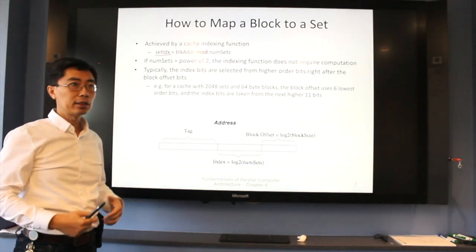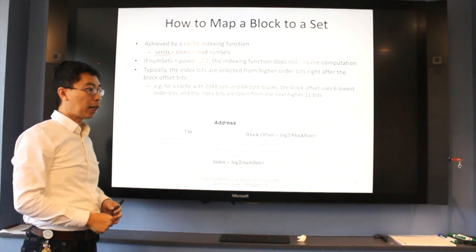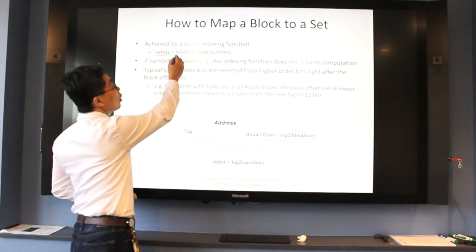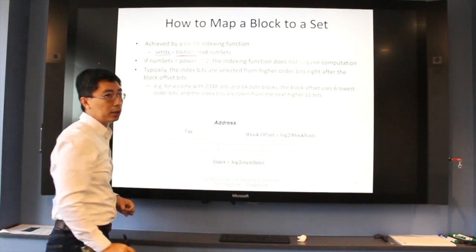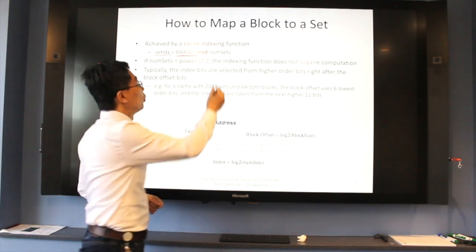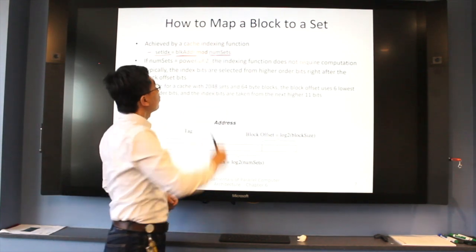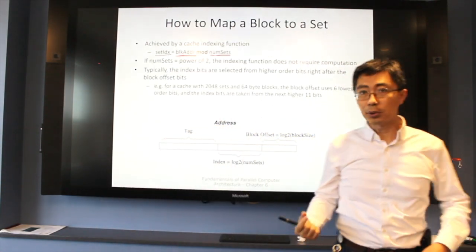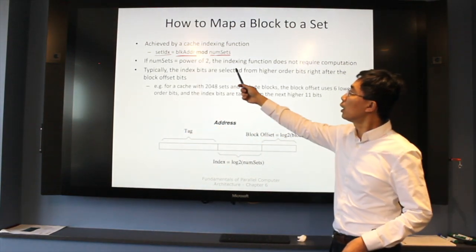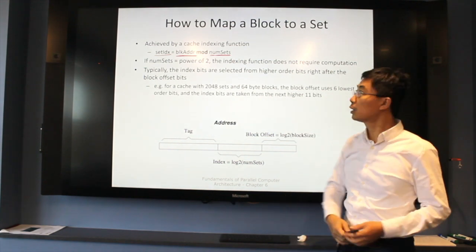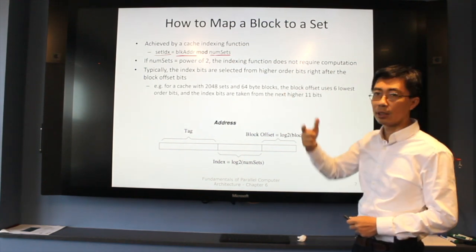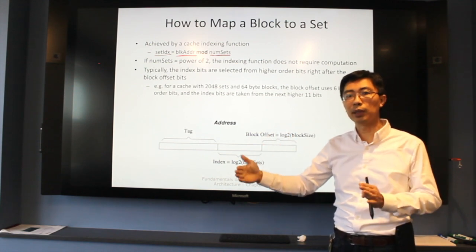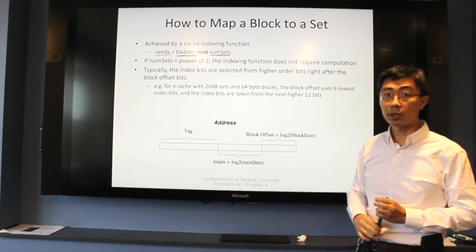The set index is typically calculated using the following function: you take the block address and do a modulo with the number of sets. Notice that if the number of sets is a power of 2, then the indexing function is very simple. It's essentially just selecting a particular set of bits from the block address.